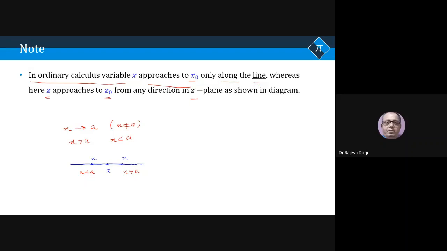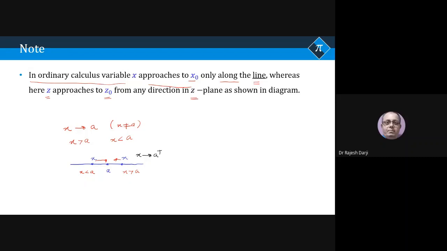Now from this point, if you move towards a, then x approaches a in this direction. And from this position, x approaches a in this direction. In both cases x approaches a. Now if x approaches a from the right hand side, it is denoted by x tending to a plus.